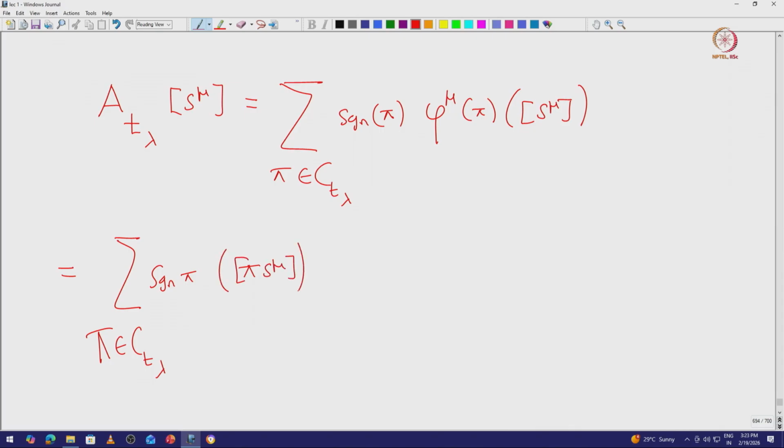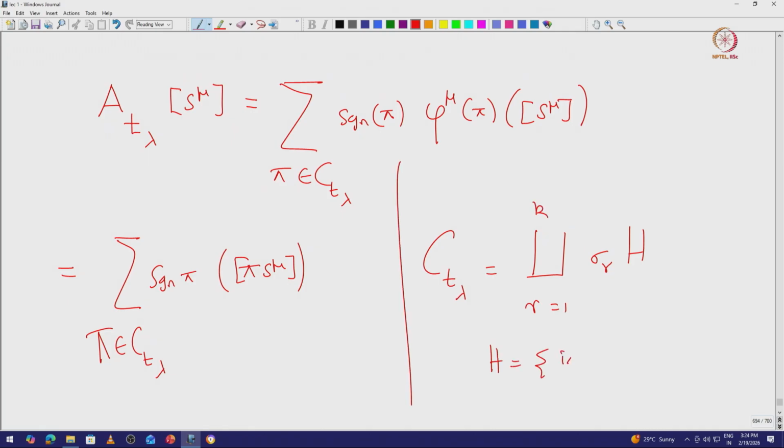Now we can rewrite C T lambda as the disjoint union of sigma R H, where R ranges from 1 to k. Note that H is nothing but the identity and the transposition ij.